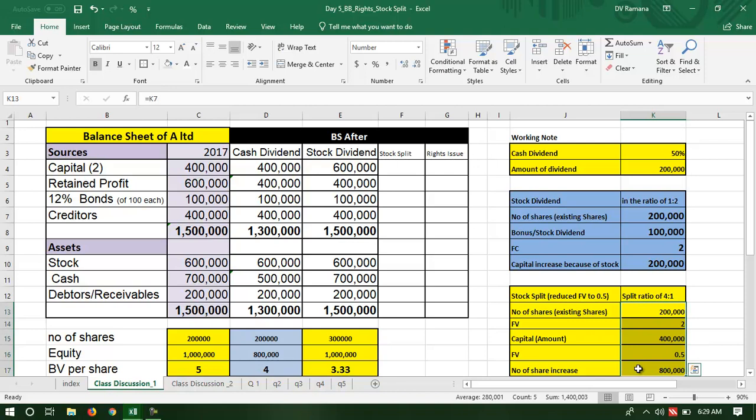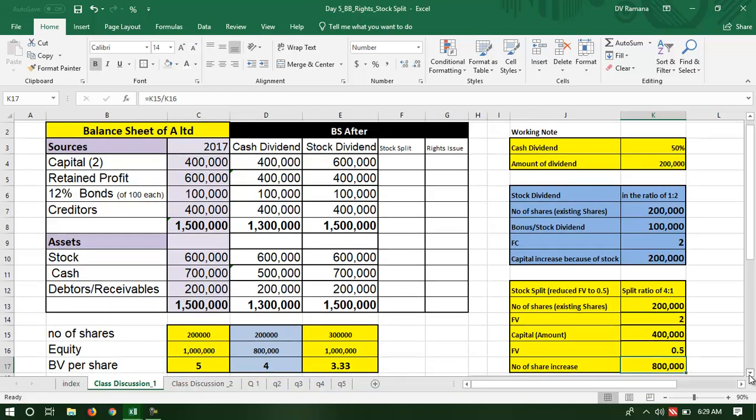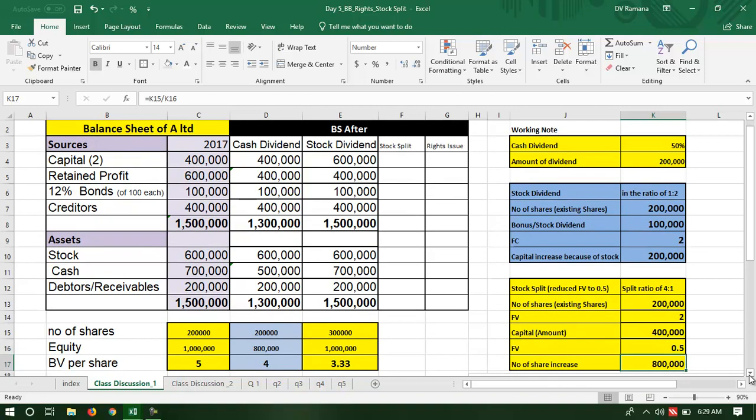If existing capital is 400,000 and I'm now reducing the face value from 2 to 1/4, that is 0.5. If the face value is reduced without changing the amount of capital, that means I'm increasing the number of shares to 800,000.